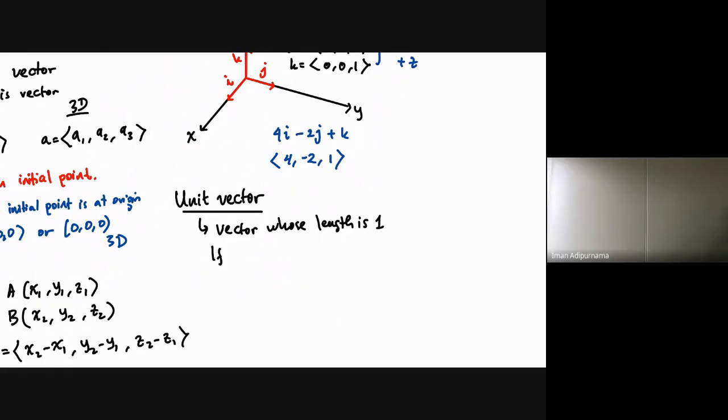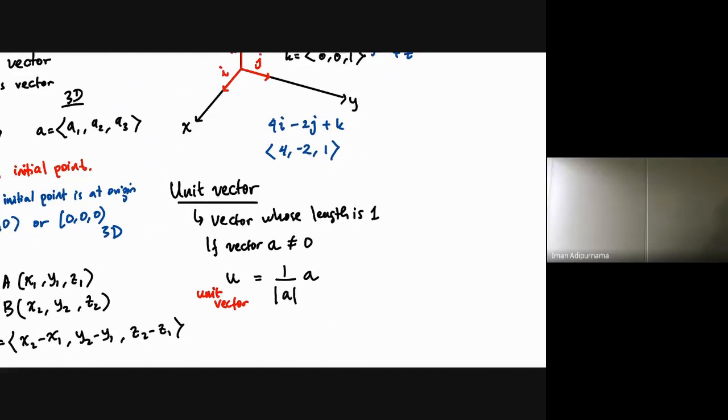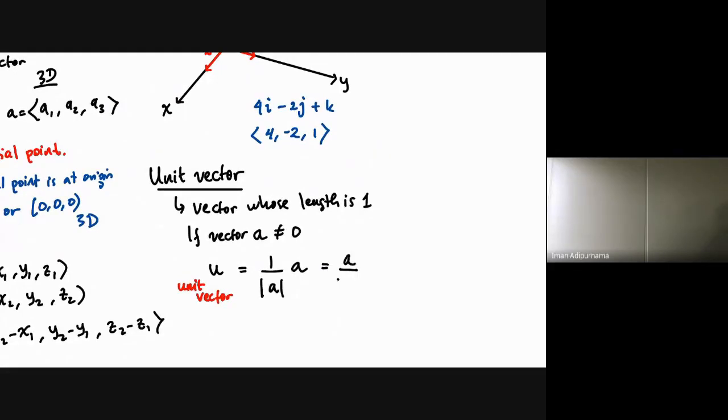So let's say A is a vector. If vector A is non-zero, then the unit vector is 1 divided by the magnitude of A multiplied with A itself. Or we can just write A divided by the magnitude of A.